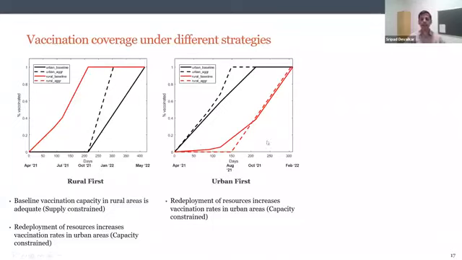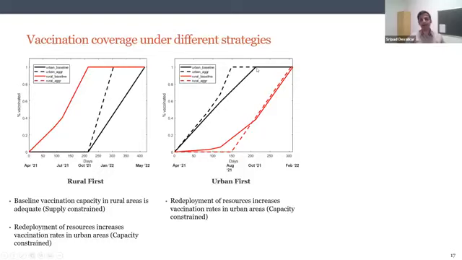And given that rural unvaccinated person days also contribute to your objective function, rather than let that supply go waste, you can use it to start vaccinating the rural population, albeit at a much smaller rate. Therefore, under the baseline scenario, you would find simultaneous vaccination of urban and rural populations, at least till October of 2021.